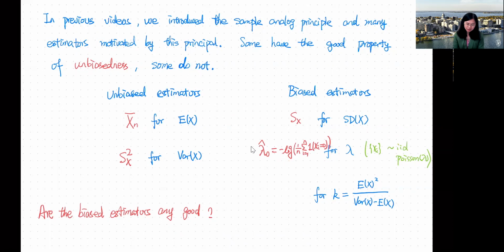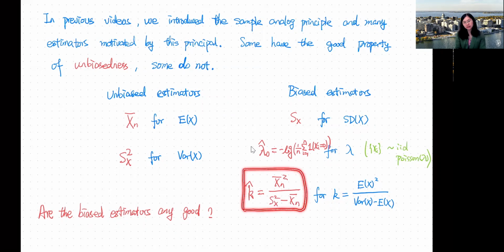The estimator that we proposed for the dispersion of the transmission rate of a disease, the K value, is also not unbiased. That estimator is Xn bar squared divided by Sx squared minus Xn bar. This estimator is quite reasonable because we are using Xn bar to replace the expected value of x.